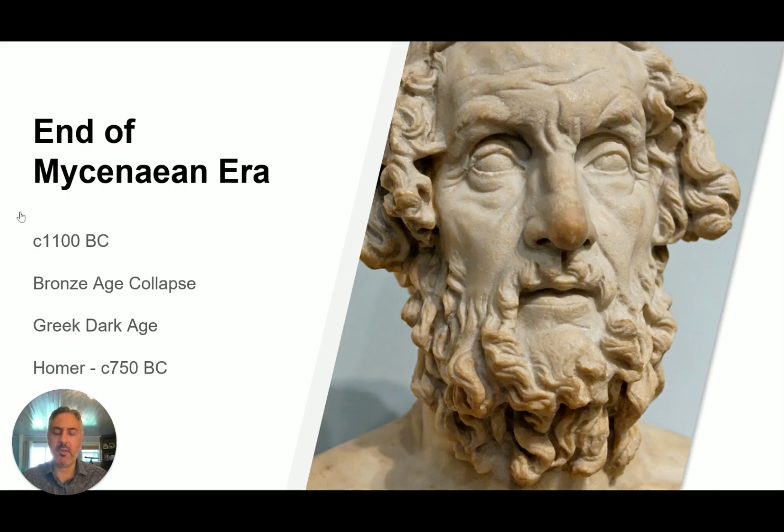But then, Greek civilization begins to reemerge. And one of the very earliest flourishings or evidence of that reemergent civilization are the works of Homer, right? Who is writing or composing really somewhere roughly around 750 BC.